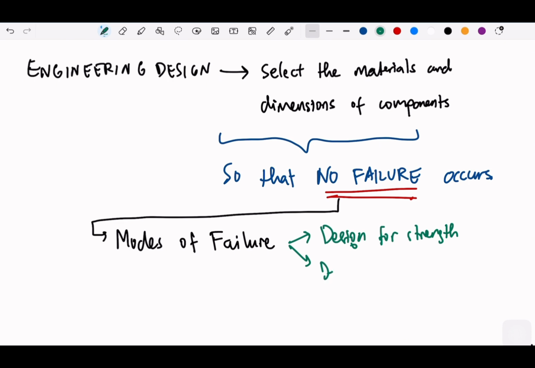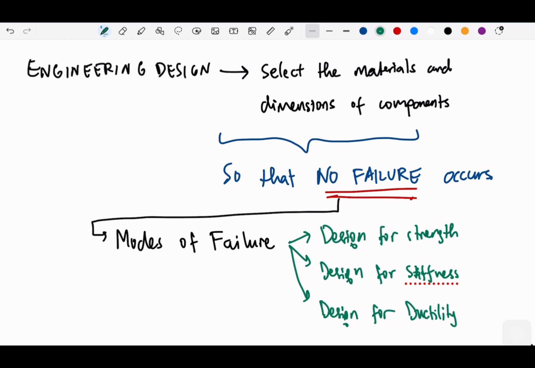Or design for stiffness: we need a modulus that is quite high, because we want the material in the elastic region most of the time, okay? Or perhaps we want a ductile material. And each one of them has different parameters, okay?